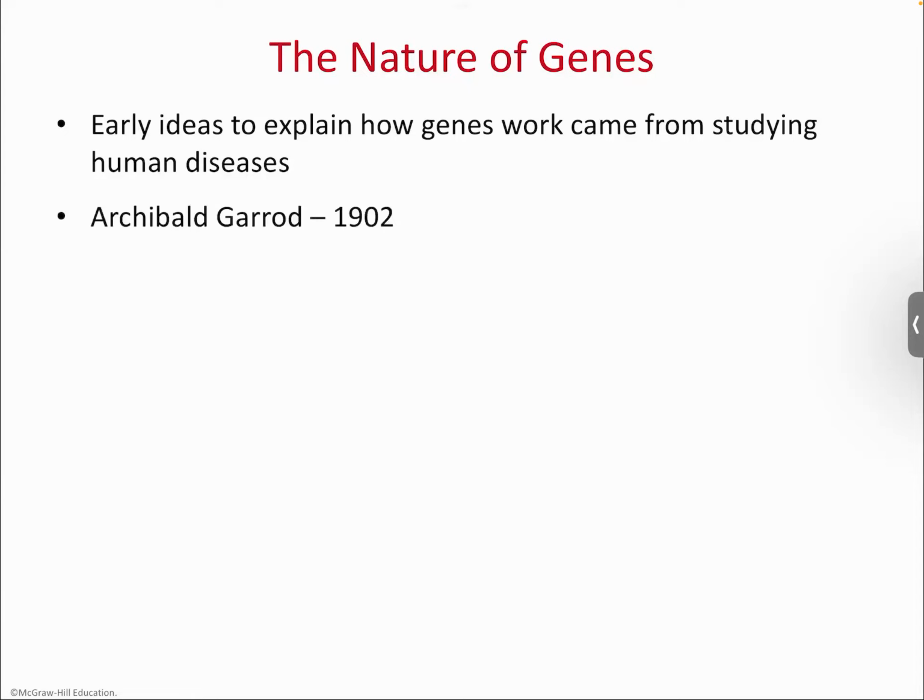One of these early studies in humans was done by Archibald Garrod. Remember, this is the time when William Punnett and William Bateson were resurrecting Mendel. They were double checking Mendel's work by recapitulating his experiments in their own systems. Garrod, in this particular case, was studying a human disorder, a metabolic disorder called alkaptonuria.